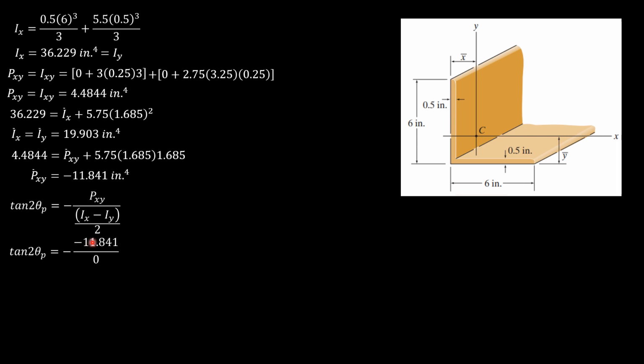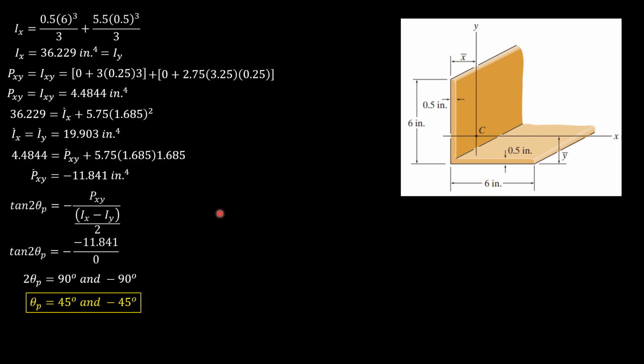But since this is undefined, the tangent function is undefined when 2 theta is 90 degrees, because tangent of 90 degrees is undefined, and negative 90 degrees. So 2 theta p is 90 degrees and negative 90 degrees. Therefore, the angle theta p, where we can get the principal or maximum moment of inertia and minimum moment of inertia, would be 45 degrees and negative 45 degrees. So that's the answer for the principal directions.